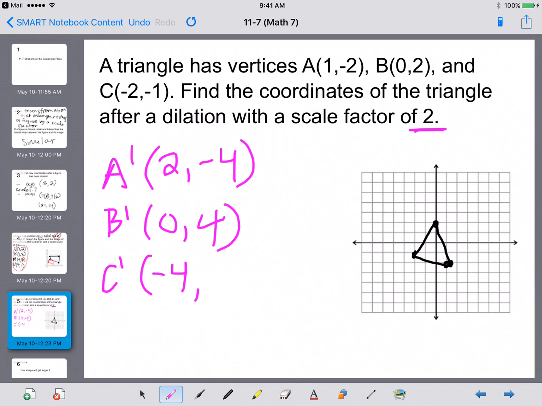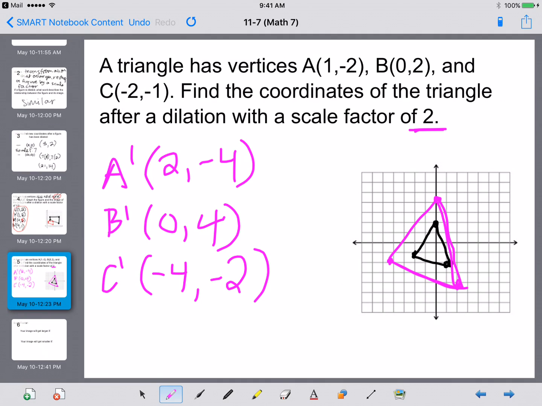And -1 times 2 is -2. Let's plot our points. So we will have 2, -4 here. 0, up to 4. And -4, -2. So our new shape, I wish my lines were straighter, sorry, grew. So it went times 2 bigger.